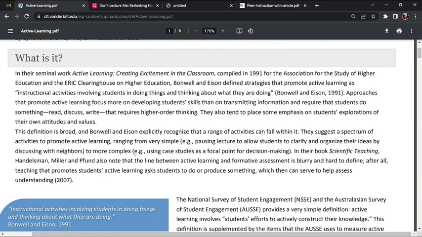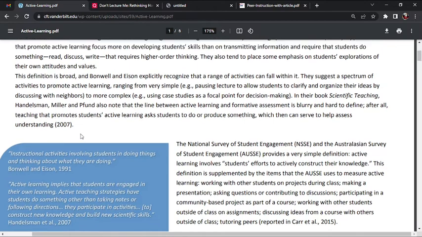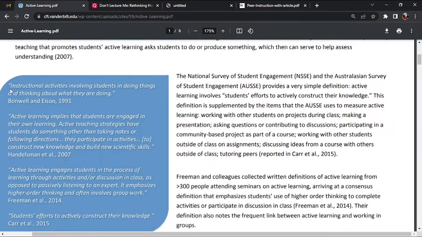In discussing what active learning is, she notes that in their seminal work, Active Learning: Creating Excitement in the Classroom, compiled in 1991 for the Association for the Study of Higher Education and ERIC Clearinghouse of Higher Education, Bonwell and Eison defined strategies that promote active learning as instructional activities involving students in doing things and thinking about what they are doing.